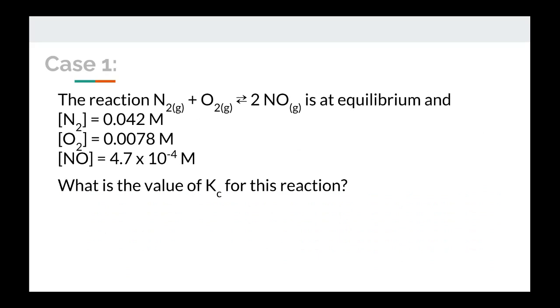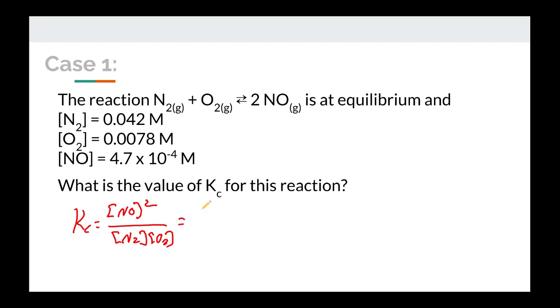So for example, if we have this reaction at equilibrium and we know the concentrations of N2, O2, and NO that are given here, and our job is to find the value of Kc, here's what Kc would be. It would be the concentration of NO squared divided by the concentration of N2 times the concentration of O2.